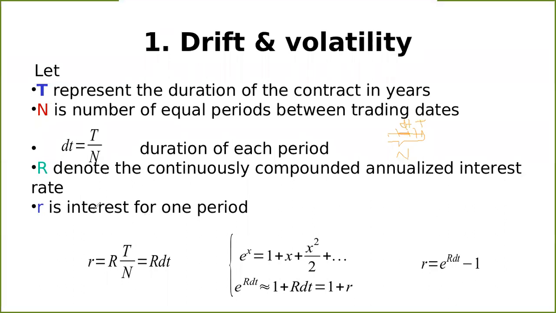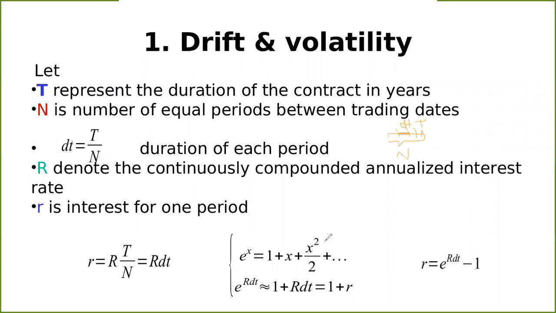So if we know this capital R, for one period it will be R multiplied by dt, or R multiplied by capital T and divided by N.